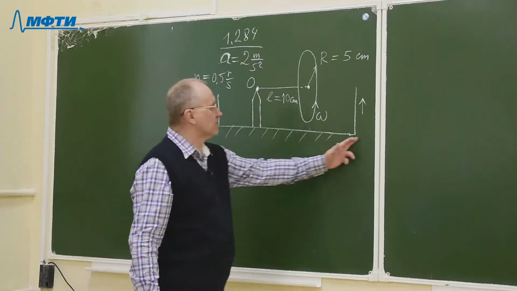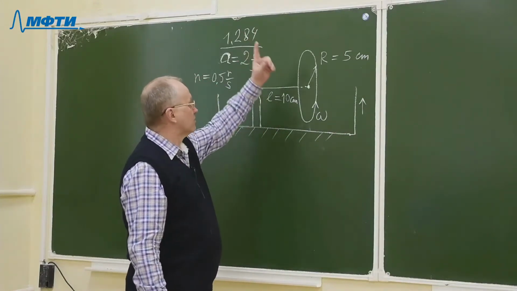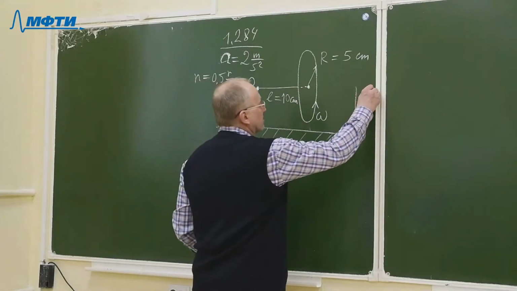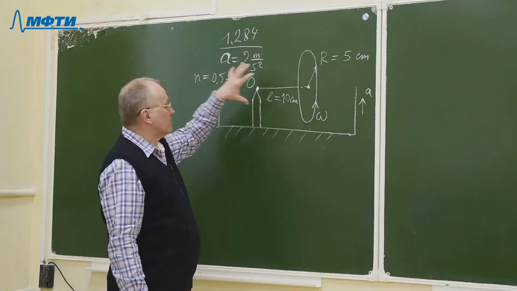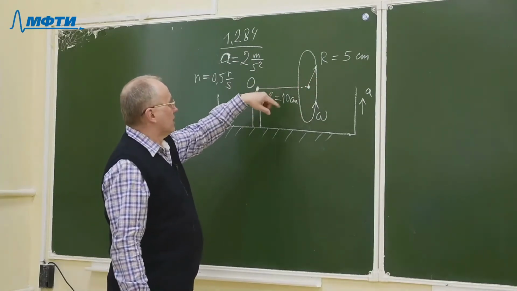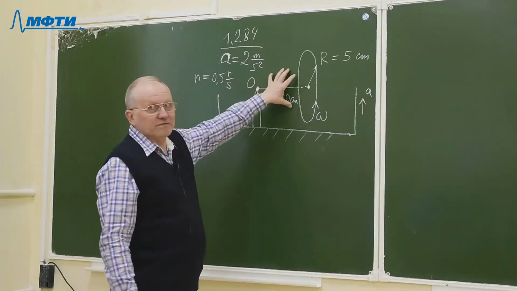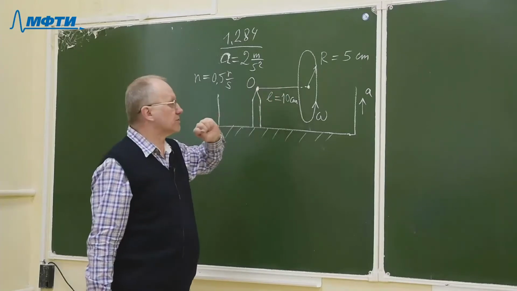We have a lift, an elevator car going up with acceleration A, so it's accelerated upward, so that everything that takes place here in the elevator car is going on in a non-inertial reference frame. This is a non-inertial system.